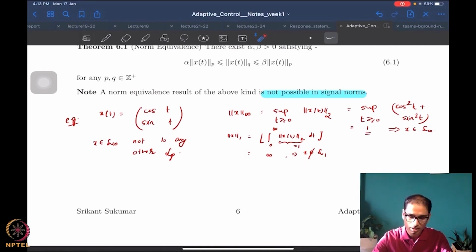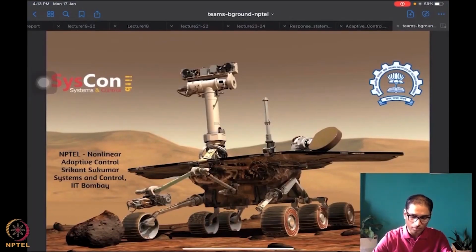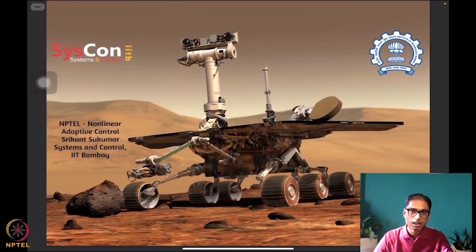Okay, great. So what have we seen today? We have completed the proof of the Cauchy-Schwarz inequality for a more general case, more general vector spaces, more general inner product spaces, if you may.